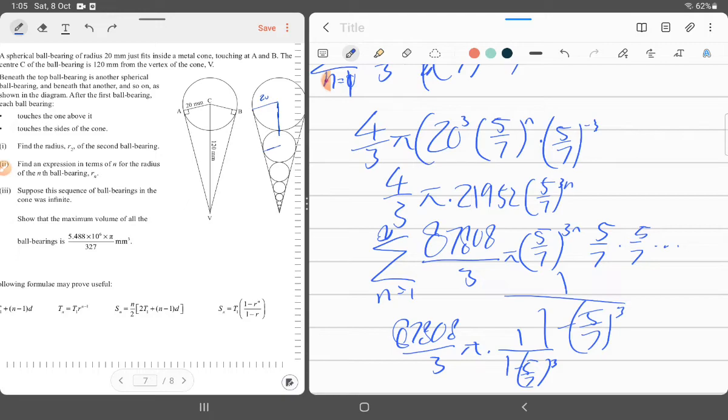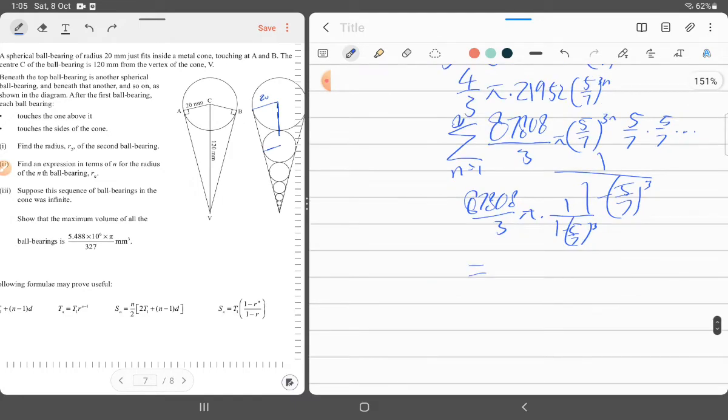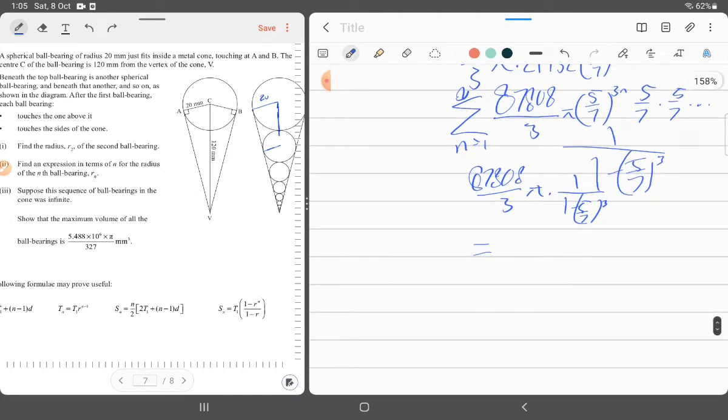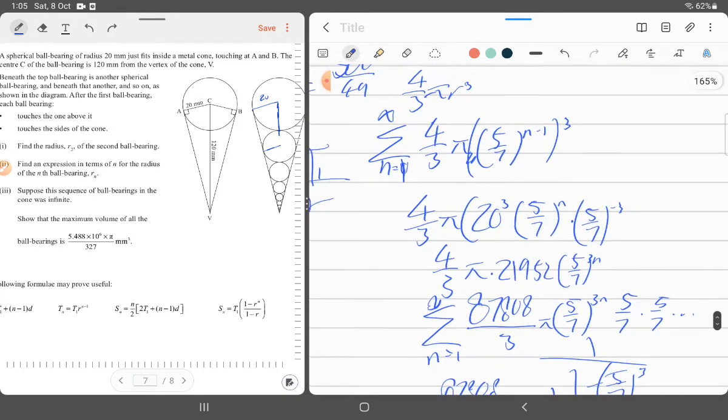Right. So what's 3 over, let's take away 5 over 7 cubed. What is it? Does it simplify? I can't tell. Wait, did I go pi r cubed?